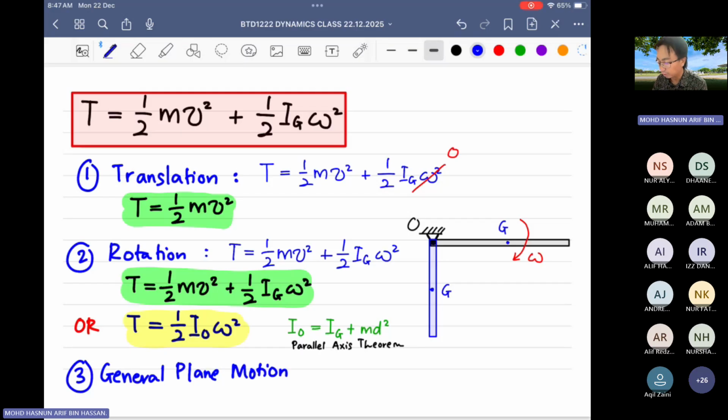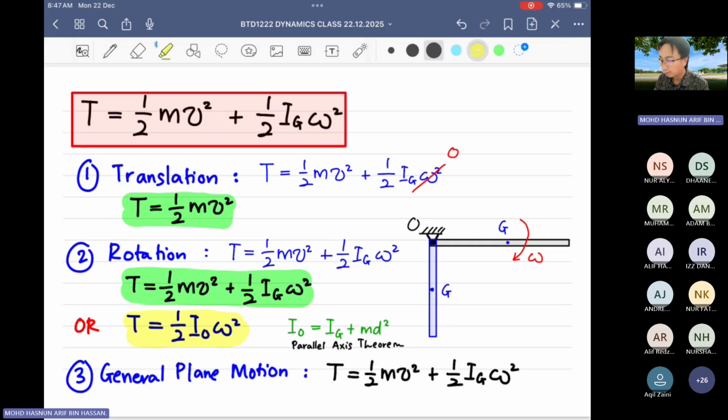So for general plane motion, the equation that you have is also both, which is T is equal to 1/2 mv² plus 1/2 Ig ω². This is the equation that you have to use when it comes to general plane motion.